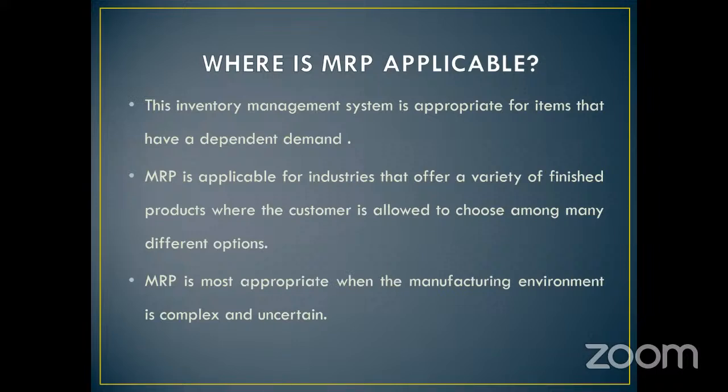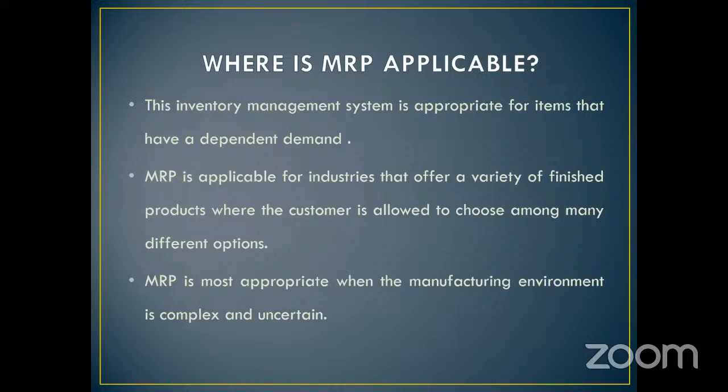Okay, let's take the example of different types of hotel industries. When you enter a hotel, you have to order what type of dishes you require, and on the basis of that, it is served to you. That is not so in a roadside dhaba, where one type of item is manufactured and any customer who enters consumes the available dishes.